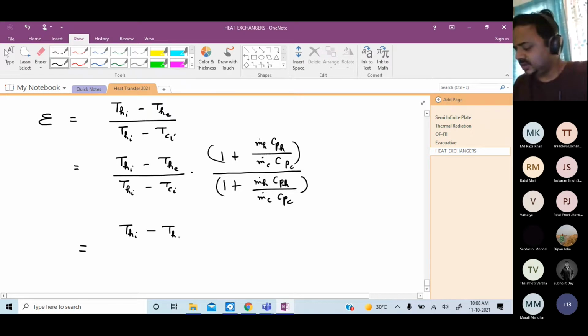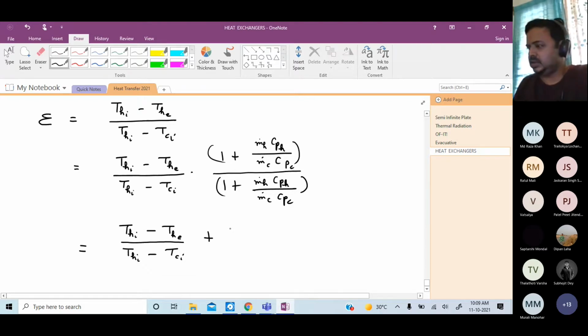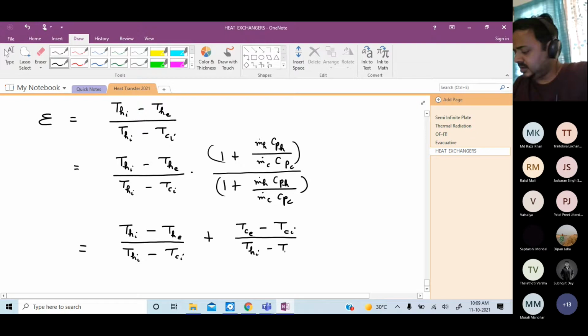Thi minus The divided by Thi minus Tci, plus Tce minus Tci divided by Thi minus Tci. How am I writing this?